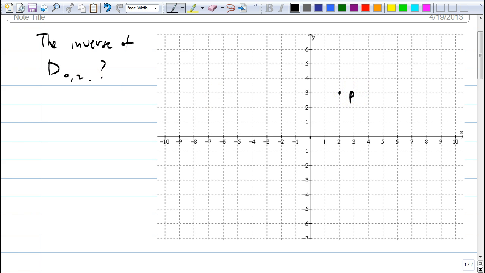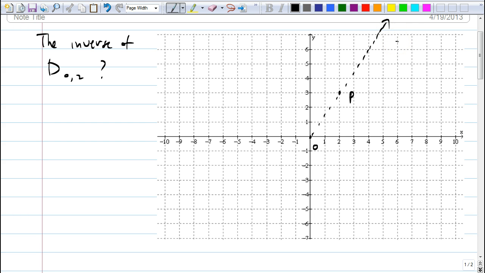So where would P prime be if you were to dilate this on the point O with K equals 2? First of all, where would P prime be at? Would it be on this ray OP or would it be in the opposite ray? They're the same ray, and so let's draw this. Wouldn't it be on this ray somewhere?